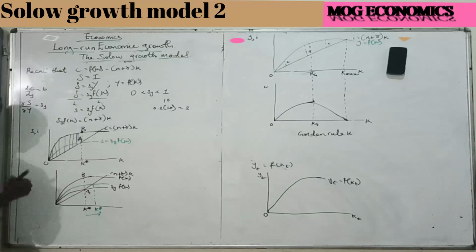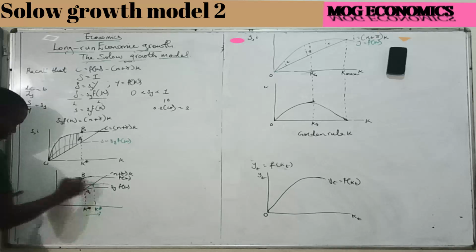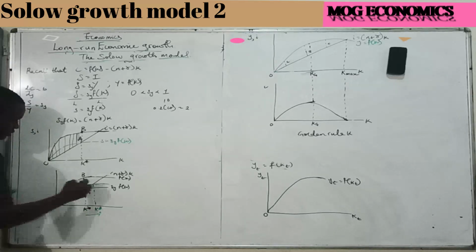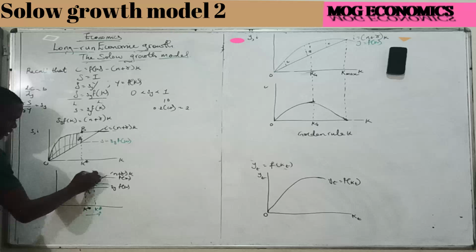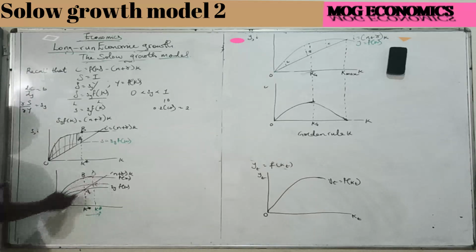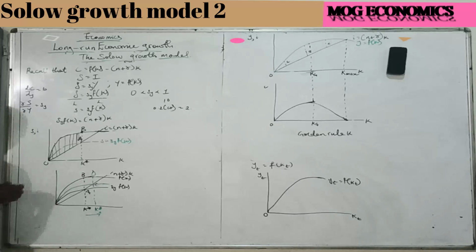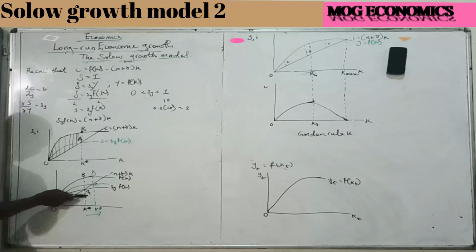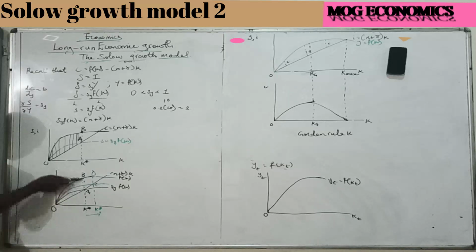Which I can call point C. And by the time you trace it to the output, this is point D. And so you see that the consumption from the origin 0 to the gap AB, you understand?